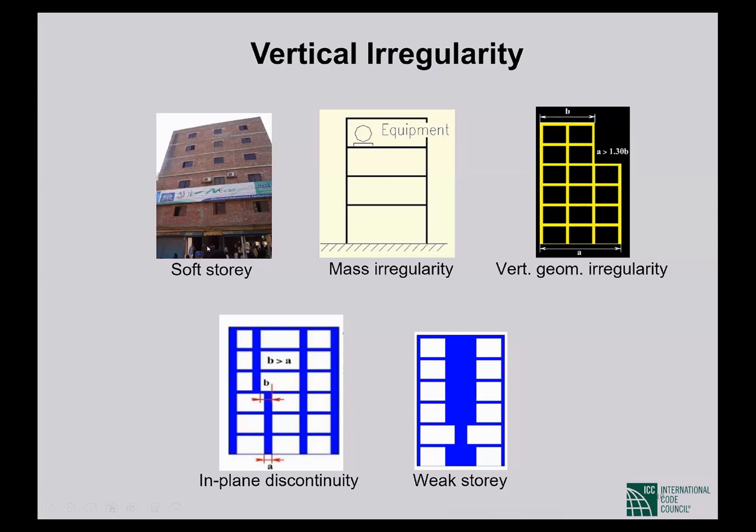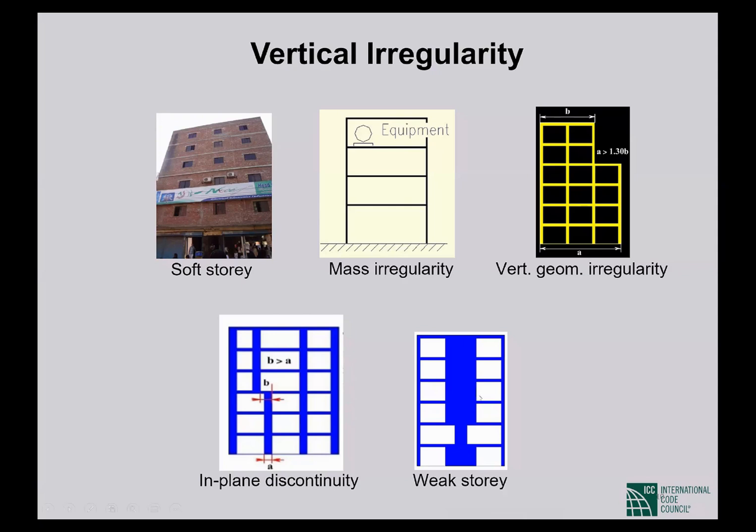So the absence of brick wall in one story makes it a soft story, but it doesn't make it a weak story. But if we discontinue a shear wall, or the section of a lateral load carrying member is reduced, that may cause a story to be a weak story, because that reduces the strength of the story.